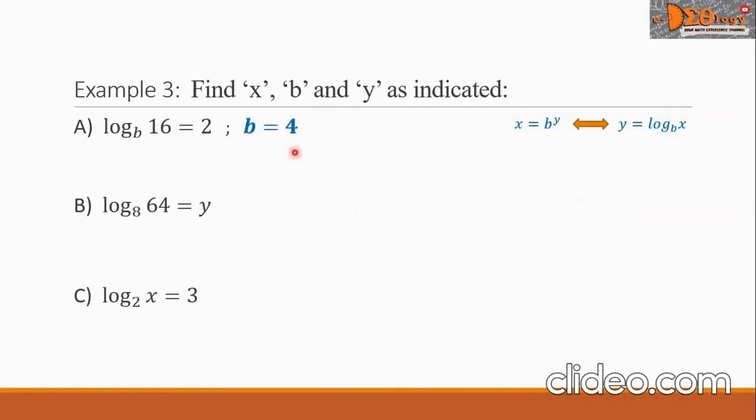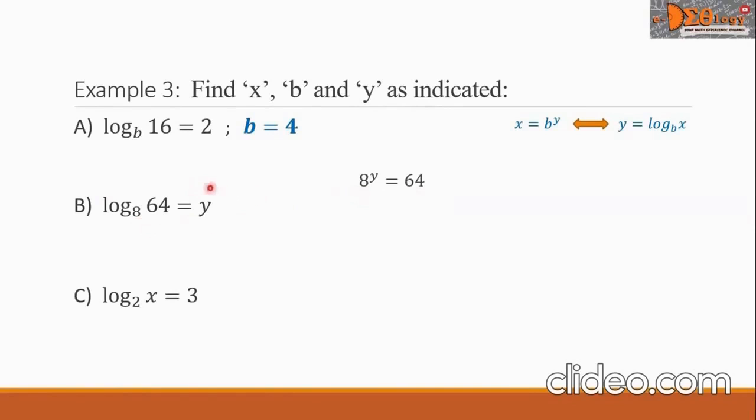I will go now to letter B. I will convert this into equivalent exponential form. And this is the exponential form. 8 raised to y equals 64. Again, we see the base here, the log with base 8. I copy that same base in here.